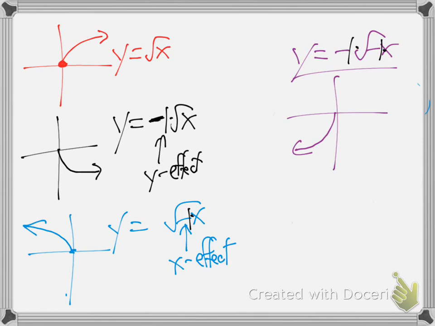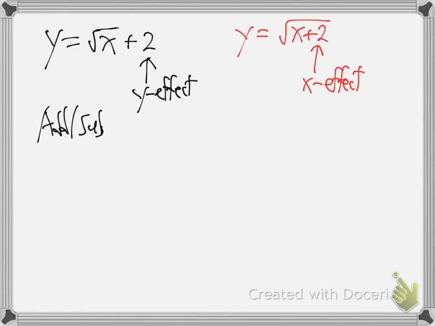Or minus any number. Do a minus 2, that'll flip you too. You multiply by negative anything, it flips it either vertically or horizontally, depending on whether it's an x or a y effect. Now I'm talking about adding, subtracting. That's going to be different. When you add or subtract, it moves the graph. It doesn't flip it, it doesn't stretch it or compress it. It moves it. Multiplying, dividing: stretch and compress. Adding, subtracting: move the graph.